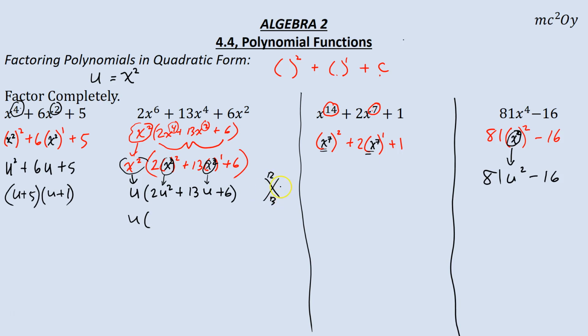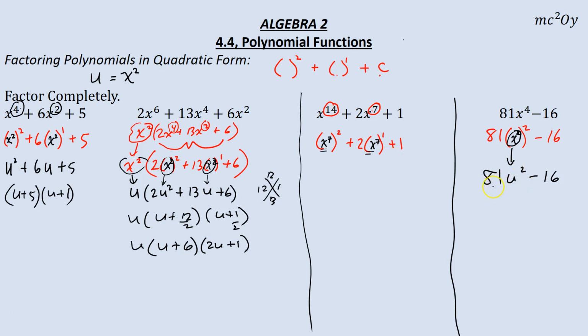Two things that multiply to make 12 and add to 13: 12 and 1. U plus 12 and u plus 1. Don't forget to divide by your a term too. So I'm just doing my normal general factoring, so that is u plus 6 and 2u plus 1. So I factored it. Here, we're going to skip and come back to it.